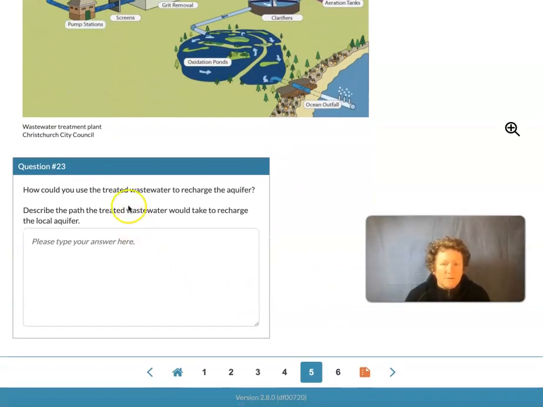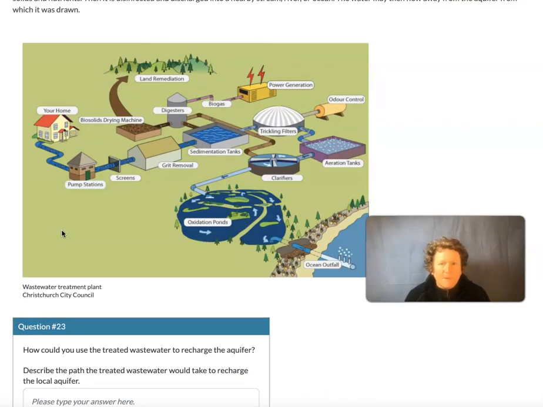How could you use the treated wastewater to recharge the aquifer? Describe the path that treated wastewater would take to recharge the local aquifer. Well, if you pumped it out over here, you could pump it back to over here and use it to irrigate agricultural fields.